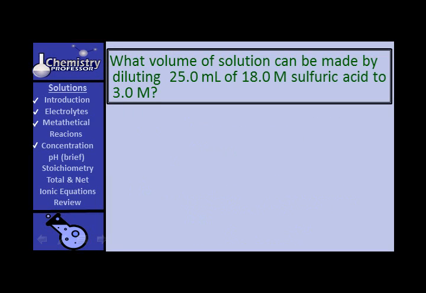What volume of solution can be made by diluting 25 milliliters of 18 molar sulfuric acid to 3 molar? Well, molarity times milliliters is equal to molarity times milliliters.